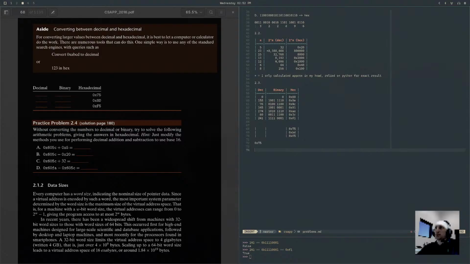So you got 7, which is going to be 0, 1, which is 4, 5, 6, 7. Yeah. And then 5, which is 0, 4, 0, 1. Yeah. So that's the binary representation.